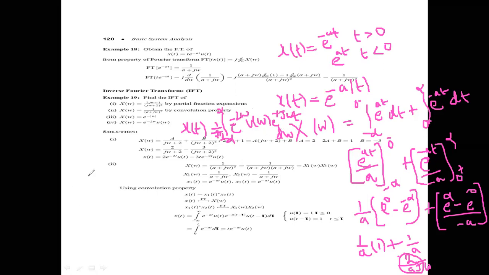Now 1 by 2 pi, integral 0 to infinity, because I am substituting mu of omega equal to 1. So e power minus, here you can take omega as common because we are integrating with respect to omega, and minus is already there, 2 minus jt.